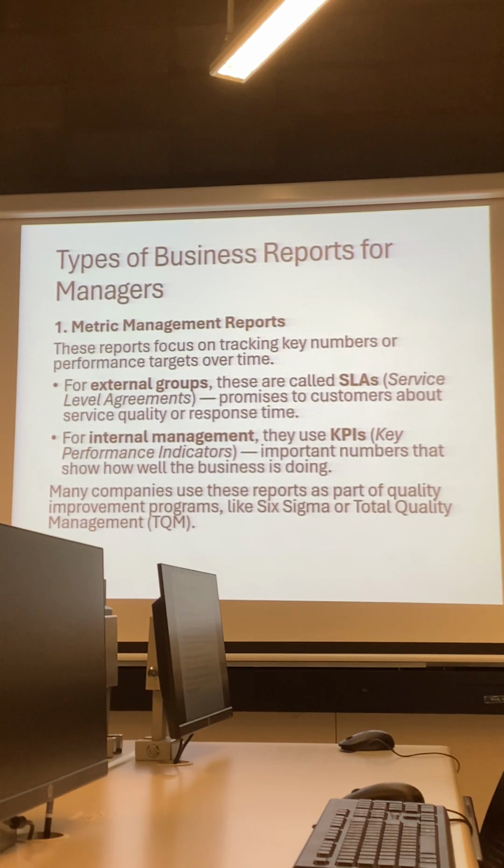This is your KPI or your goal. For department sales, the KPI for 2025, you need to sell 1,000 units or achieve $1 million profit. Okay, so KPI is kind of like a goal. Many companies use this report as part of quality improvement programs like Six Sigma and Total Quality Management. Okay.